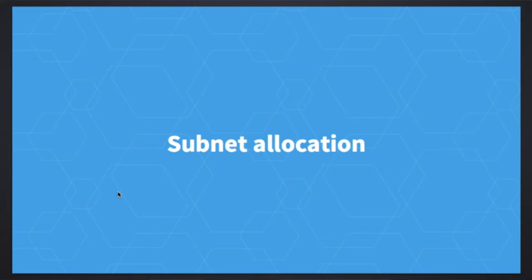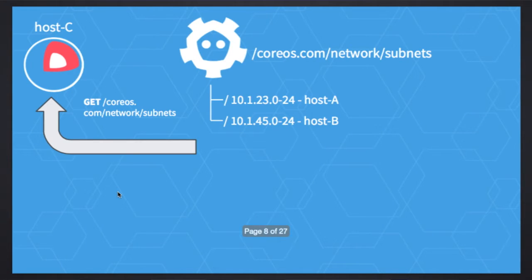So now let's take a look in a little bit more detail at how that subnet allocation happens for each host. So here we already have etcd, and we see that 2 hosts, A and B, have been allocated a .23 and .45. And now host C wants to come in and allocate itself a /24 as well.